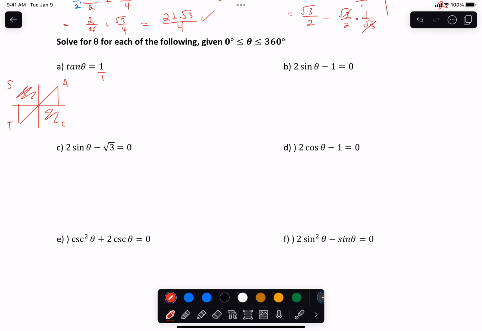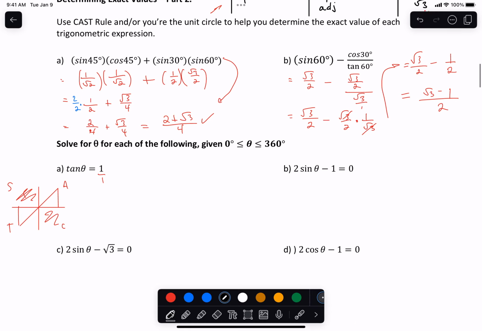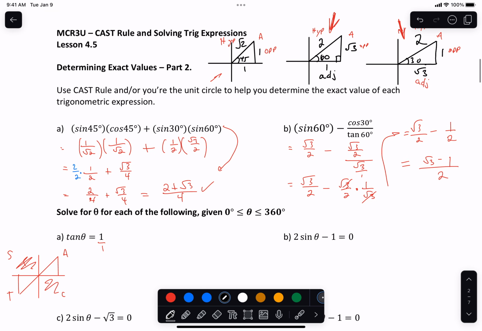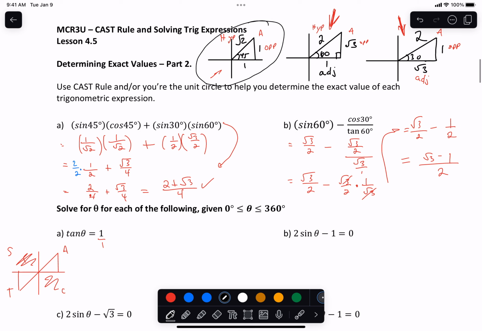And so the next question you got to ask yourself, that means it's not in these 2, right? We can ignore them. The next question you got to ask yourself is, how do I produce a ratio of 1 over 1? Which triangle gives me a ratio of 1 over 1? Well, if I go back up and take a look at them, it looks like the only way I could produce a ratio of 1 over 1, given the side lengths that I have on all 3 of these triangles, is with this triangle, and specifically the tangent of it.